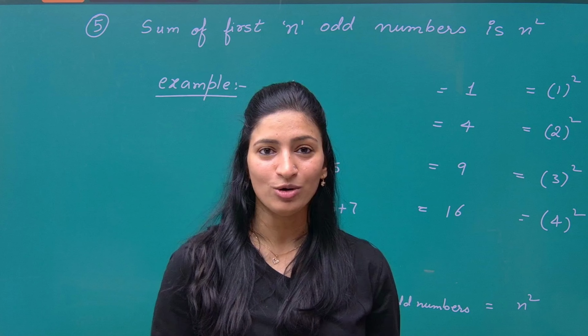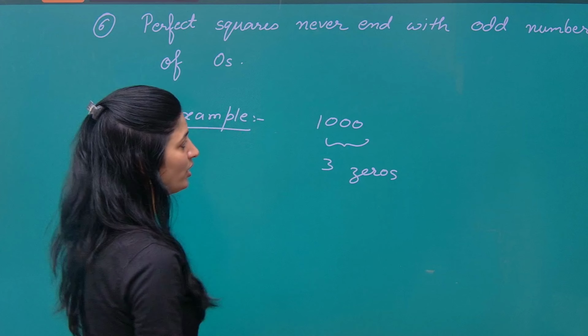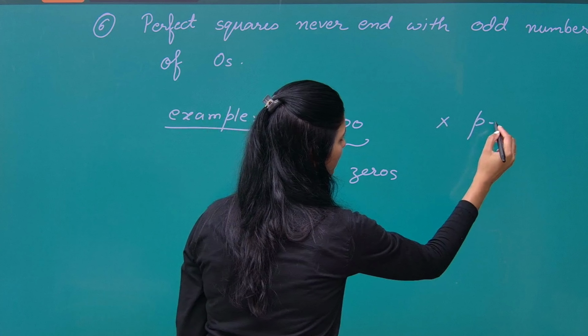So now if you are given a number like 1000 and they ask you to check whether this is a perfect square or not, again you don't have to go for the prime factorization method to check. You can simply use the property that 1000 ends with 3 zeros and 3 is an odd number, right? So this is ending with an odd number of zeros. So definitely this is not a perfect square.